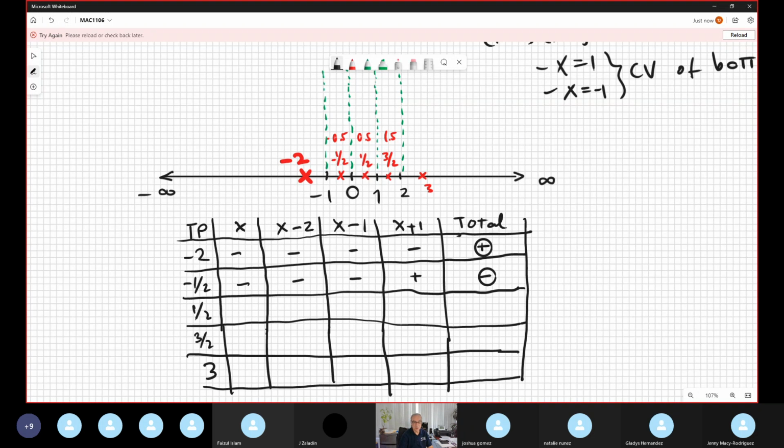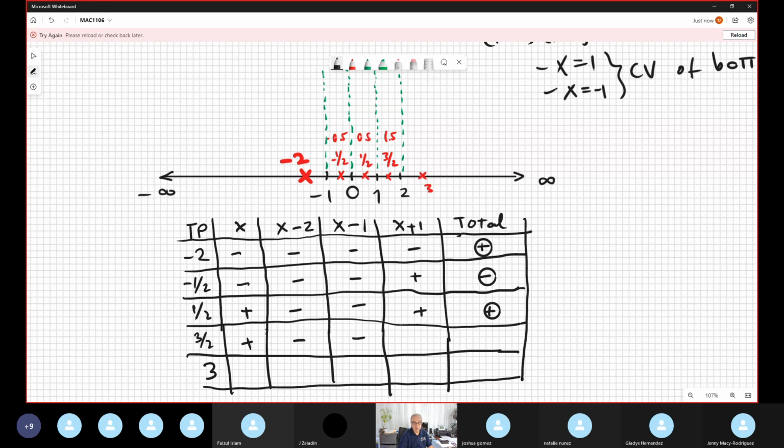The reason it's minus is because you have 1, 2, 3 negatives. An odd number of negatives is negative. An even number of negatives, 1, 2, 3, 4, is positive. 1/2 is positive because it's +1/2. It's negative, obviously. It's negative and it's positive. 2 negatives is positive.